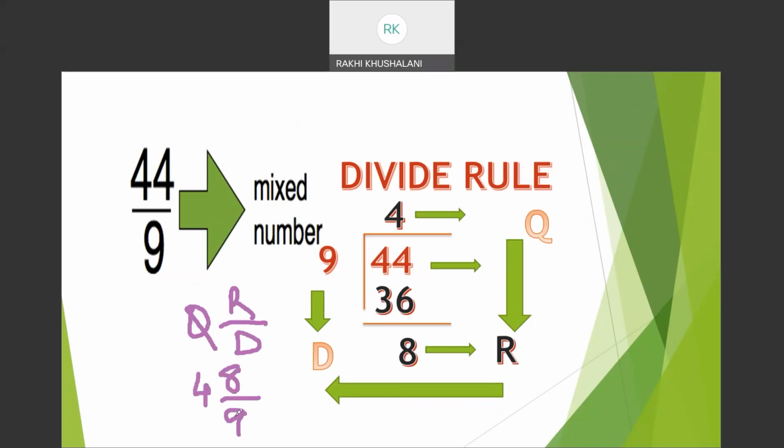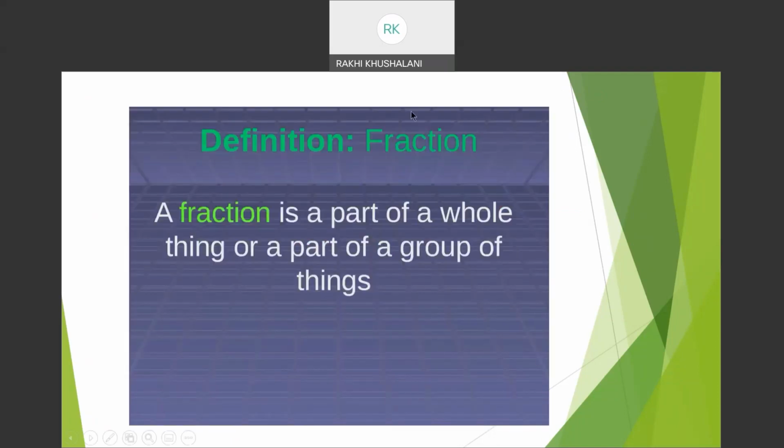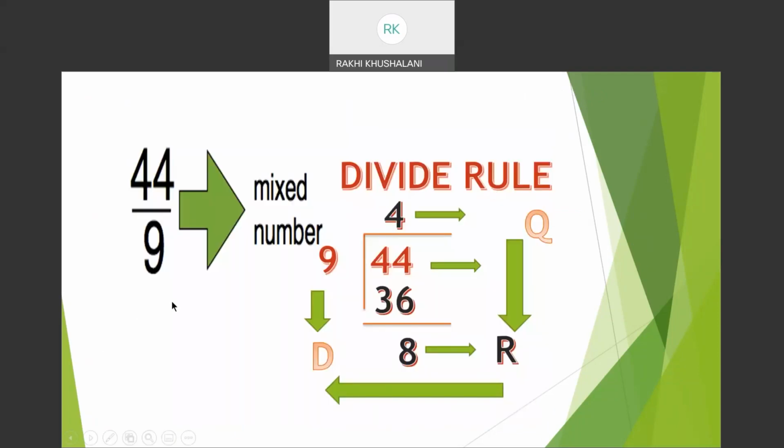Now, let's put the MAD method here. Multiply, add, denominator. Let's try it out. The mixed fraction that you had got is QRD.